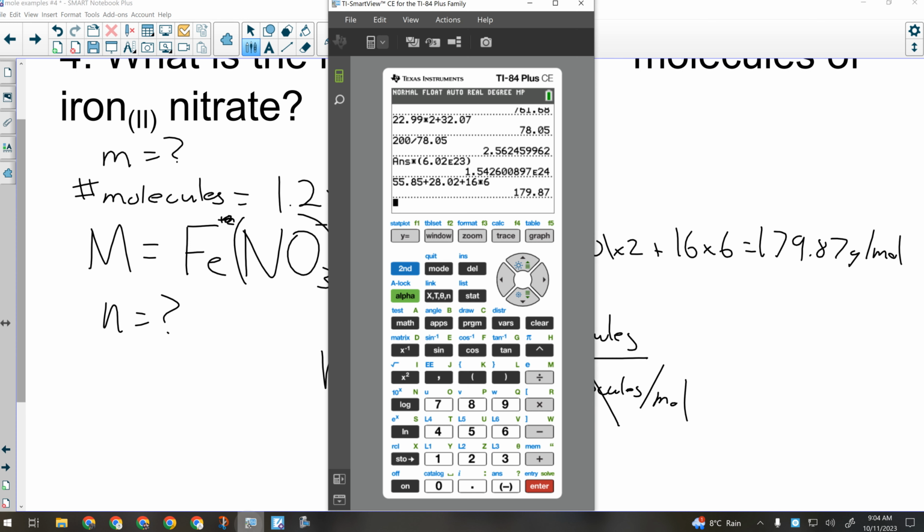So 1.2 E25 divided by 6.02 E23 tells me I have 19.93 moles.